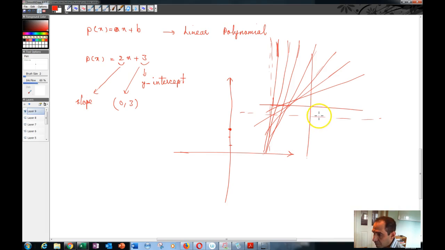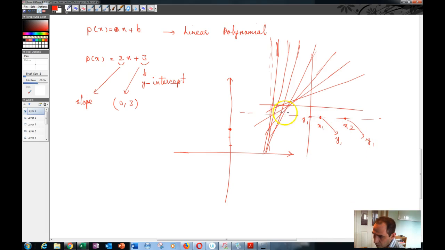For example, you see in this horizontal line that if I pick this x1 and this x2, then at this point over here, the value of the output of the function, or the output of the polynomial, is, you could call it y1, and the value of the output at this point is also y1.